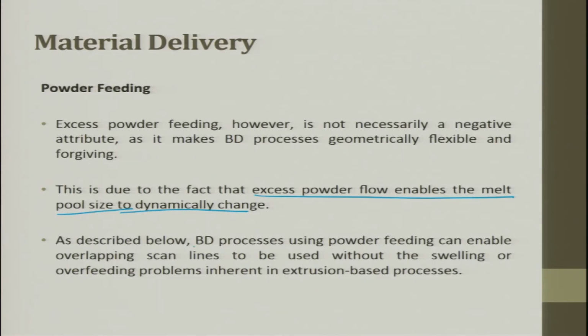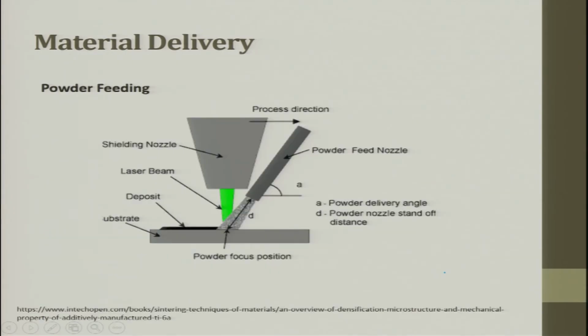As described below, beam delivery processes using powder feeding can enable overlapping scan lines to be used without the swelling or overfeeding problem inherent in the extrusion based processes. This is the advantage of BD systems over EP systems. EP is extrusion based processes.